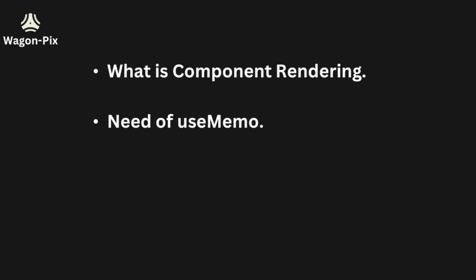Why do we need useMemo? The third point is a live, practical example of the usage of useMemo. Okay, so let's get started with the first point, that is component rendering.